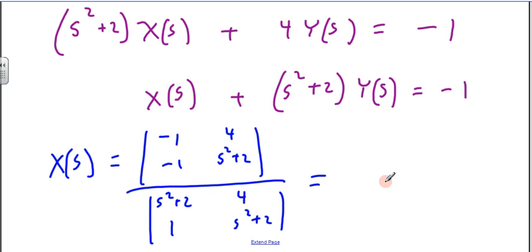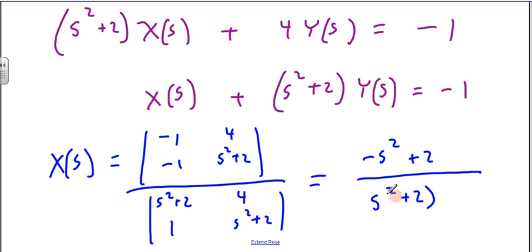Okay, so when I get done, I got minus s squared minus 2 plus 4 on top. And here I've got s squared plus 2 times s squared plus 2, minus 4. Well, the minus 4 is going to take out those 2 times 2 that are there. Well, I think I'm going to keep the minus 4 there. I think I'm going to call it s squared plus 2, the quantity squared, minus 4.